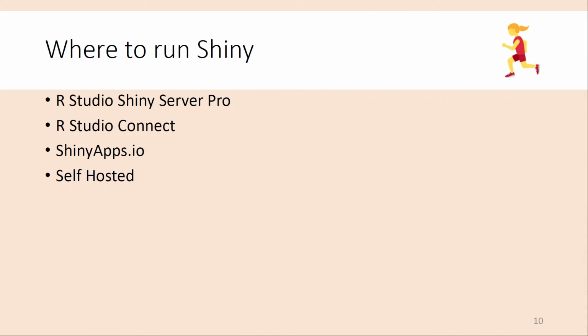One is Shiny Server Pro, if you just want to host your Shiny dashboard, and RStudio Connect is if you want to host your Shiny dashboard and a Plumber API and R Markdown. So it's a more fully encompassing enterprise solution, whereas Shiny Server Pro is just the enterprise version of Shiny.